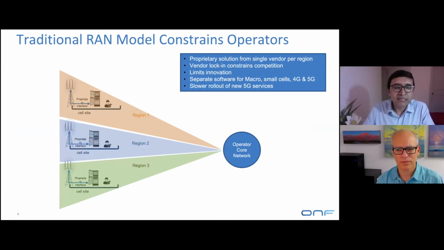Further, from the same vendor itself, if they are supplying small cells and macros, many times you would find that the software is different. So small cell software will be different, macro software will be different, and even sometimes between 4G and 5G, there will be differences in the software. That results in management complexity, basically. And then finally, because there is tight coupling between the hardware and software, that leads to a slower rollout of any new services. So this is the current model and the constraints.